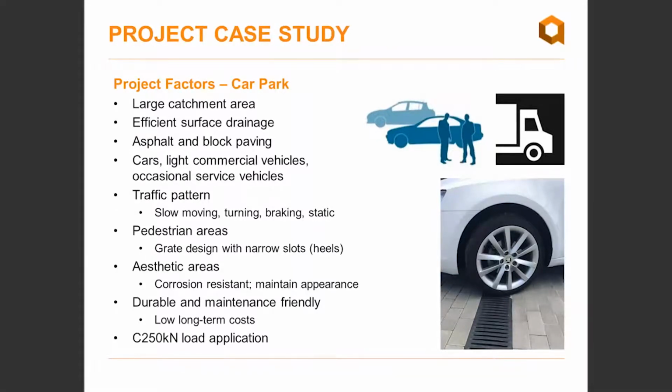There was a higher aesthetic requirement in the area because it was beside the office development, so they needed a system where the aesthetic appearance was maintained, and obviously the system was required to be durable, maintenance friendly, with low long-term maintenance costs. And we were looking for a system at C250 kilonewtons for this area.